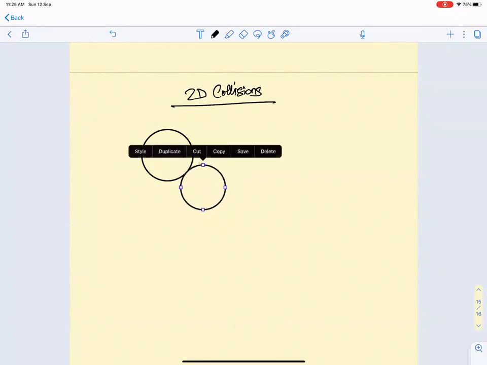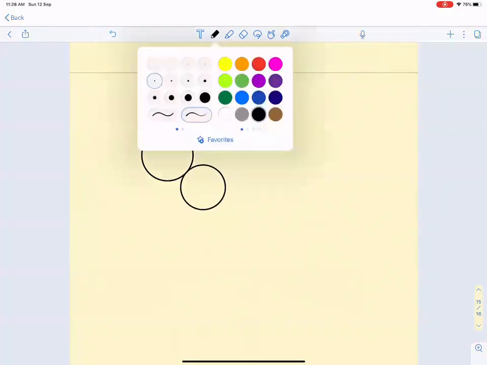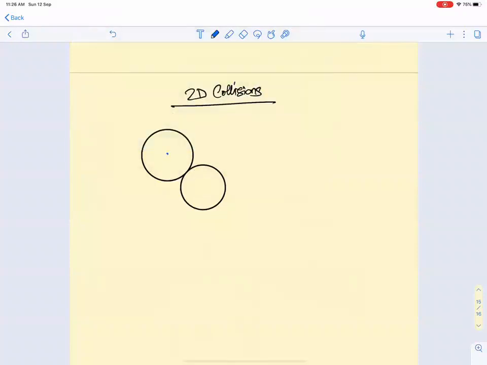So there the two bodies collide, and say just before collision, one is having velocity this, and the other was having velocity, say, this one.